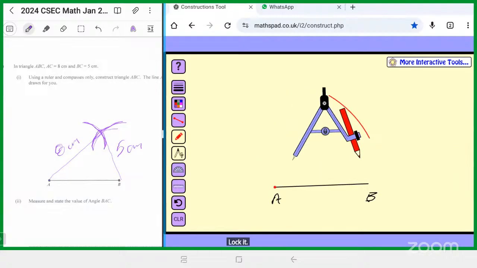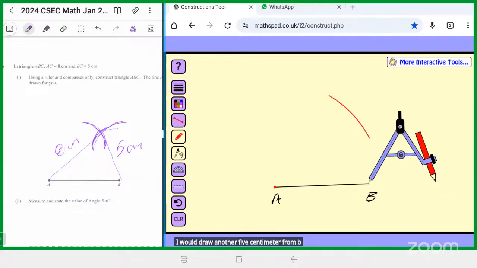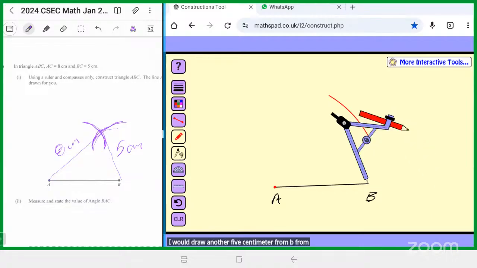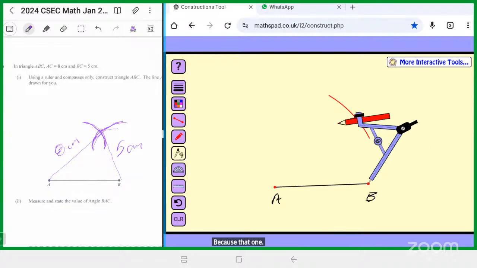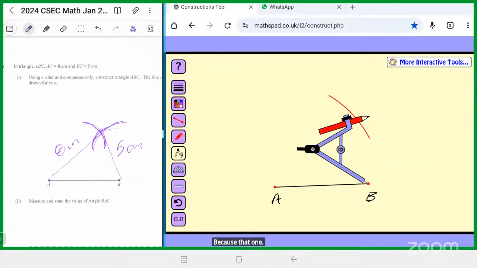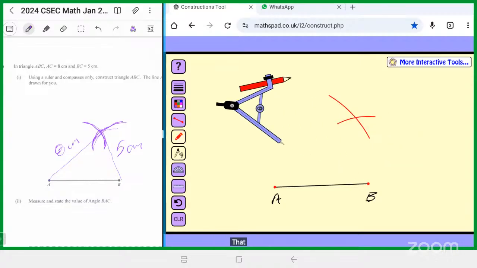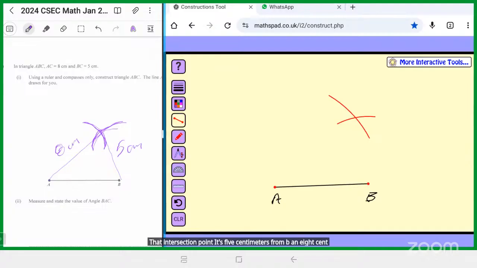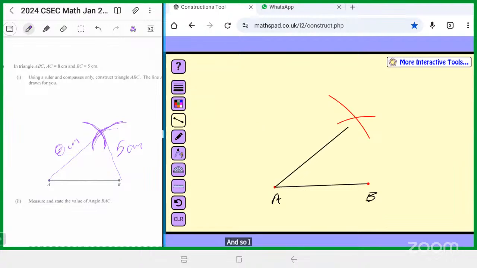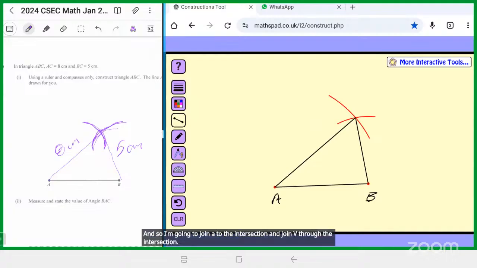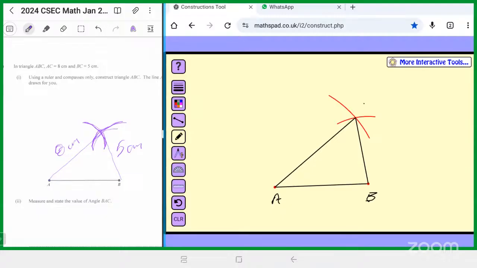I will draw another arc of 5 centimeters from B, rotate up and cross that one. So that intersection point is 5 centimeters from B and 8 centimeters from A. All we need to do now is join them with a straight line, joining A to the intersection and B to the intersection. And that point there is C.